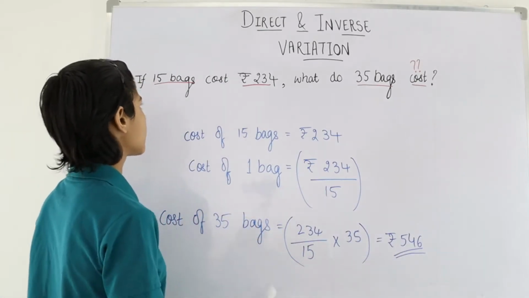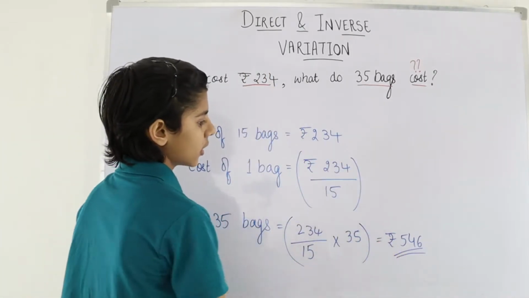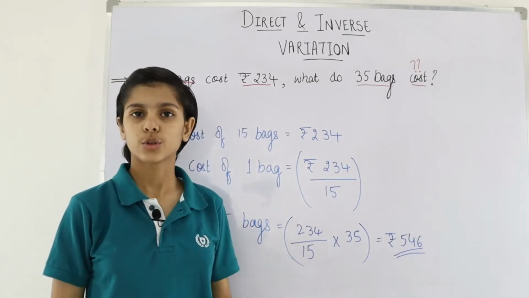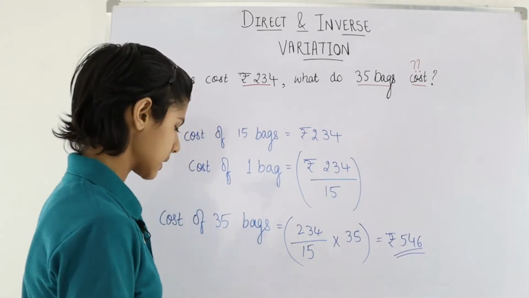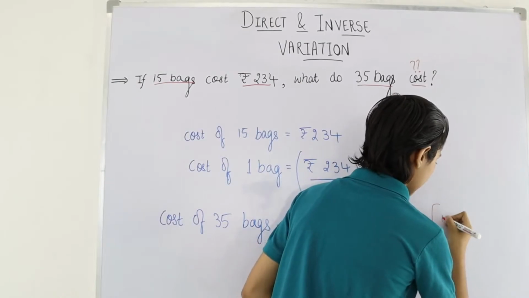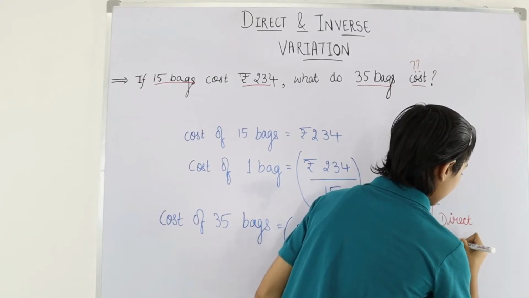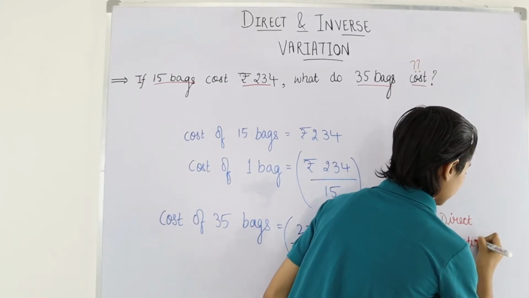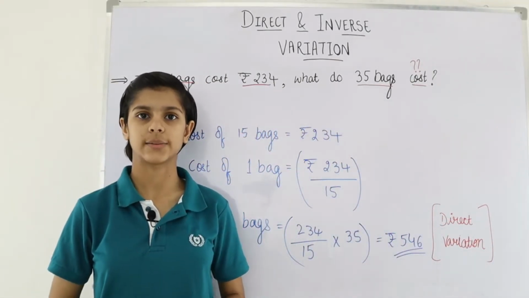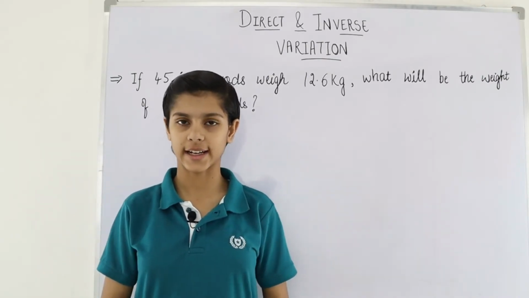It is clear from here that if the number of bags has increased, the cost also got increased. मतलब कि हमारे बैग्स का नंबर बढ़ा तो हमारा कॉस्ट भी बढ़ गया. तो ये डायरेक्ट वेरिएशन का क्वेश्चन था, इसलिए that's why we will write in the bracket here direct variation, so that it can be clear to you that in this question the variables were related to each other directly.